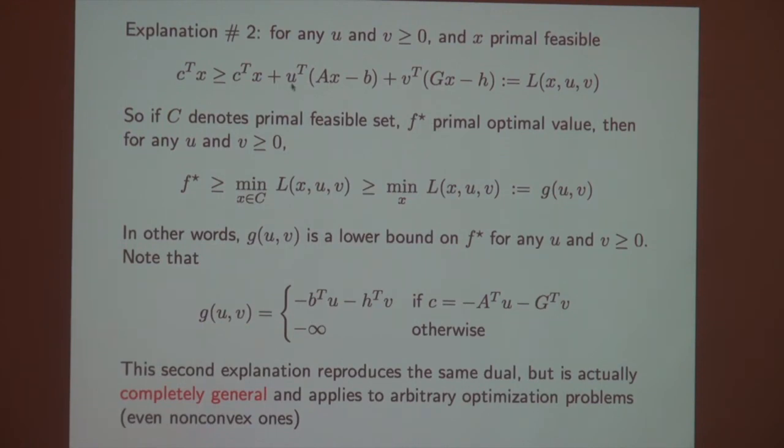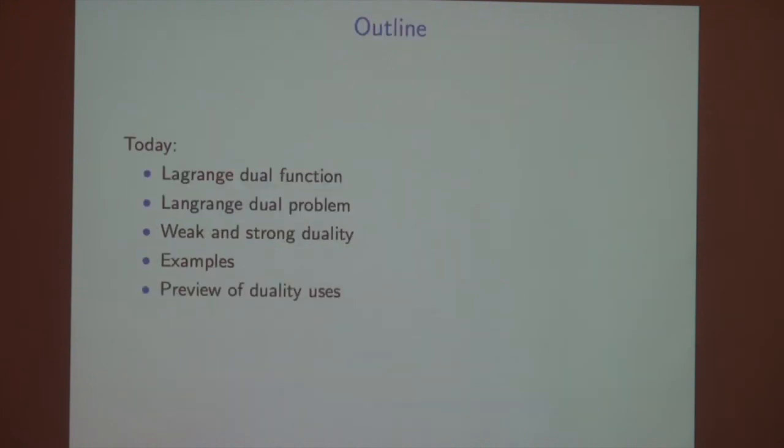Because by the same logic as before, if x is feasible, this part is 0, and this part is less than or equal to 0 in each component. So if we form this linear combination, it's always less than or equal to 0. So I can always add that to c transpose x, and it only ever brings down the criterion. And we defined this thing to be what we called the Lagrangian, which is a function of three variables: the primal variable x and the dual variables u and v.